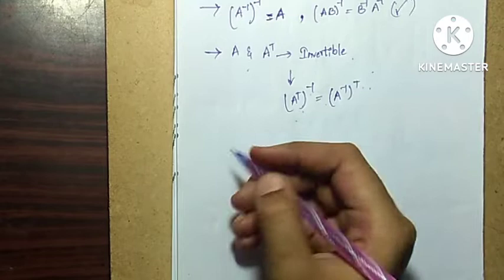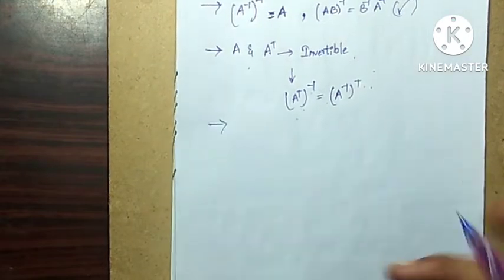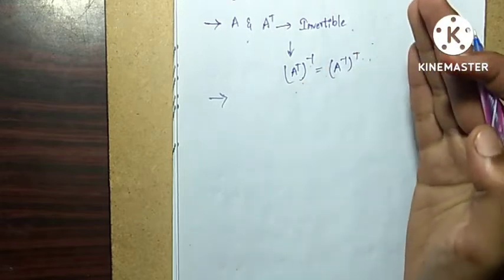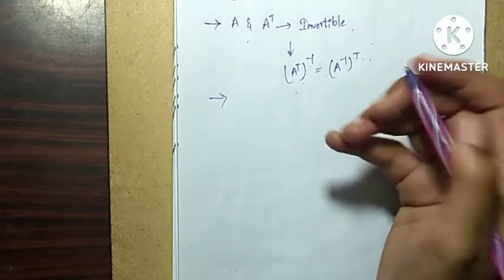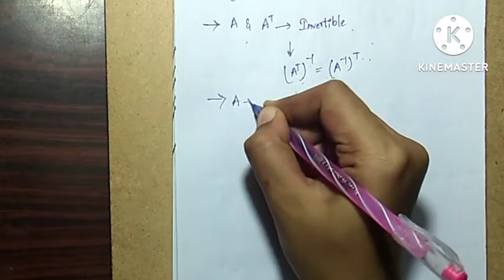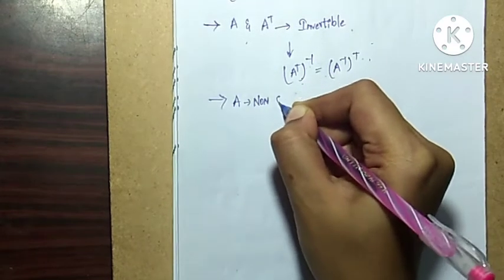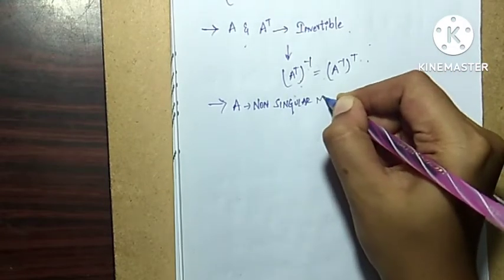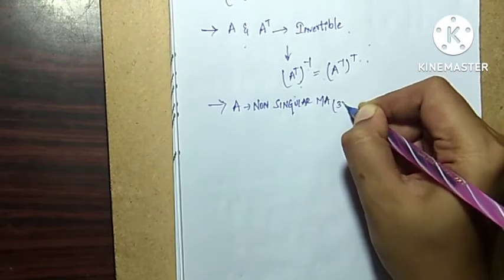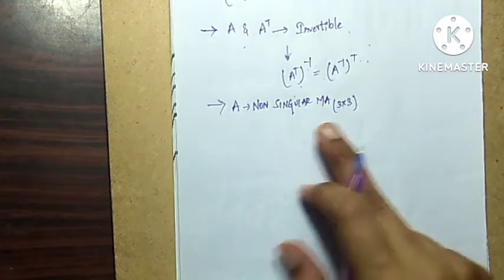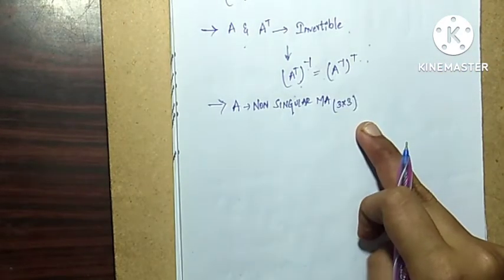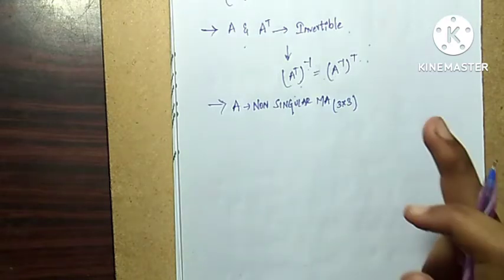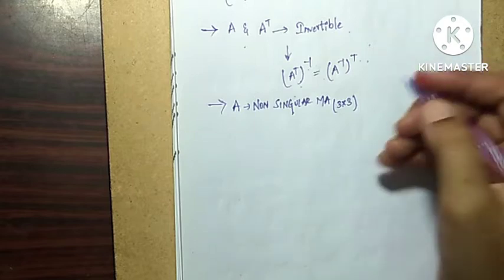Okay, next we will jump to our next important point, which is: if A is a non-singular matrix of order 3 by 3, then A is invertible.